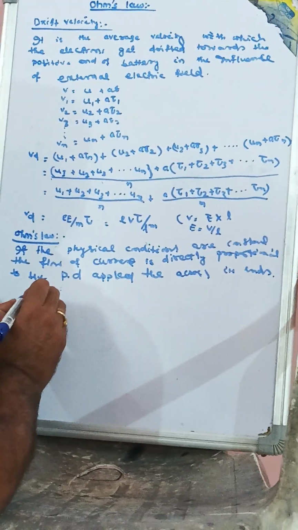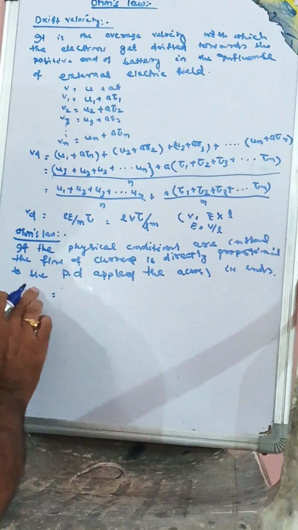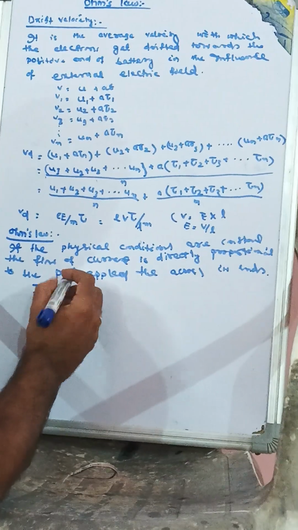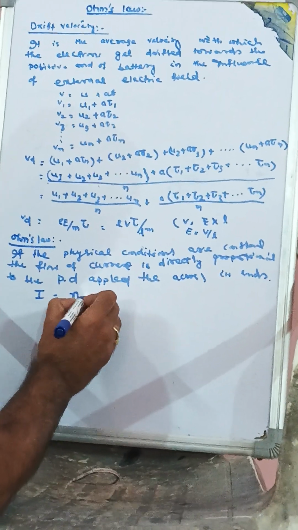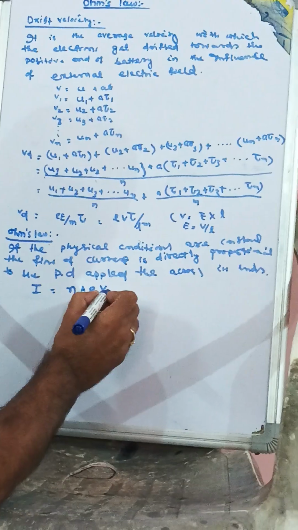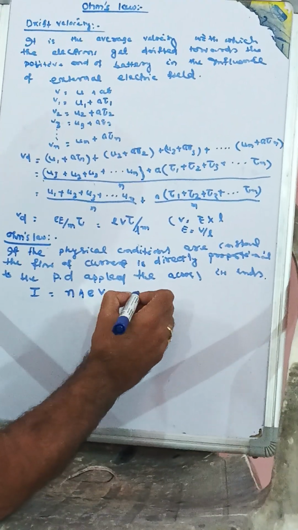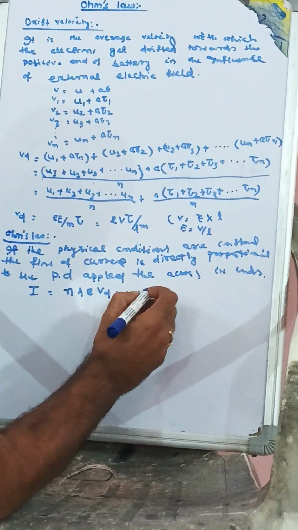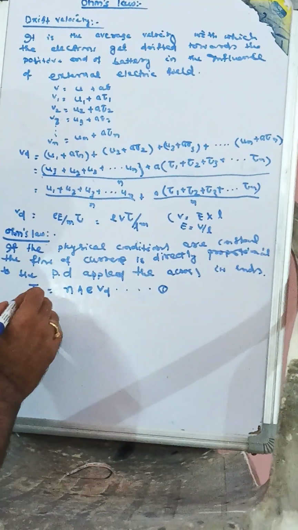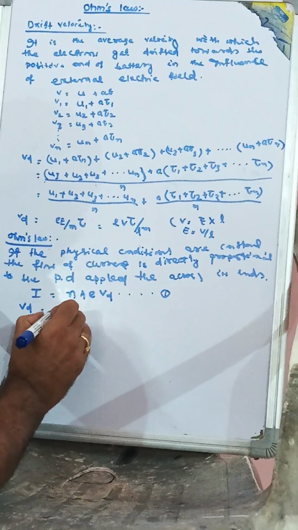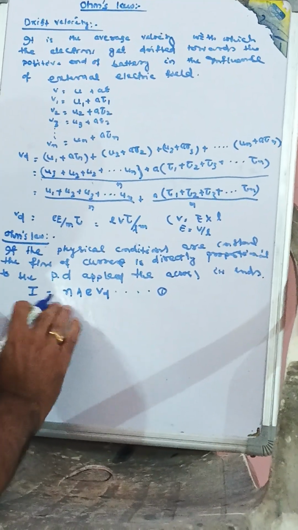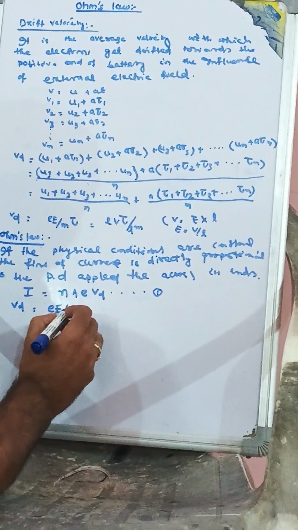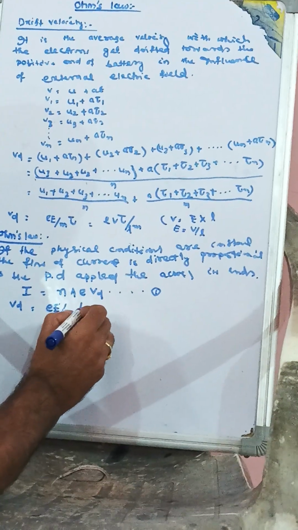Then we know I is equal to n A e Vd. Look at the blackboard very carefully. This is equation number 1. Then we know Vd is equal to eE tau divided by m.